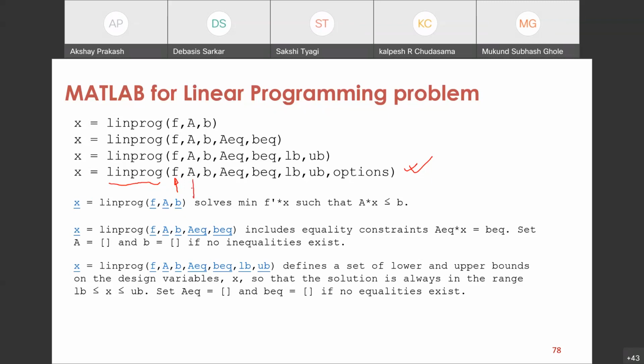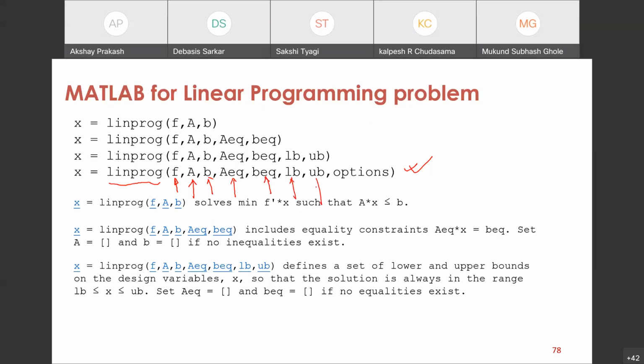A is the matrix for the set of linear inequality constraints. B is the corresponding right hand side vector. Aeq is the coefficient matrix for the set of linear equality constraints, and Beq is the corresponding right hand side vector.